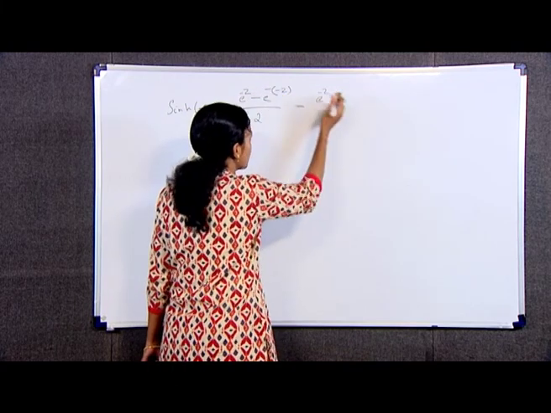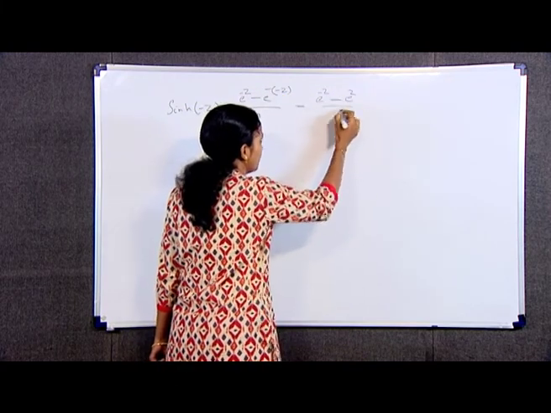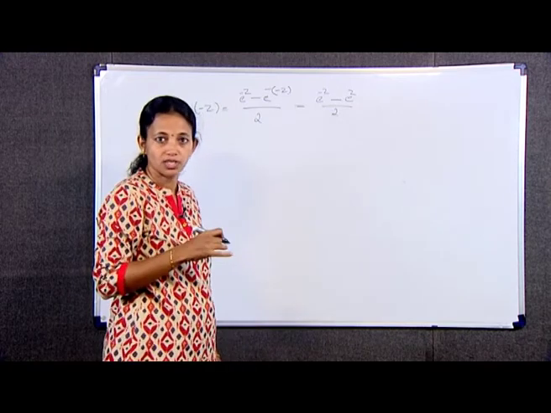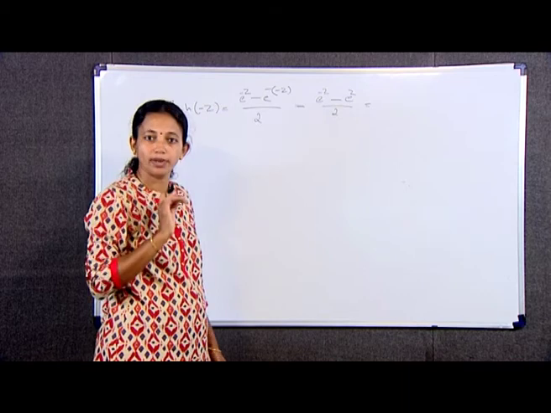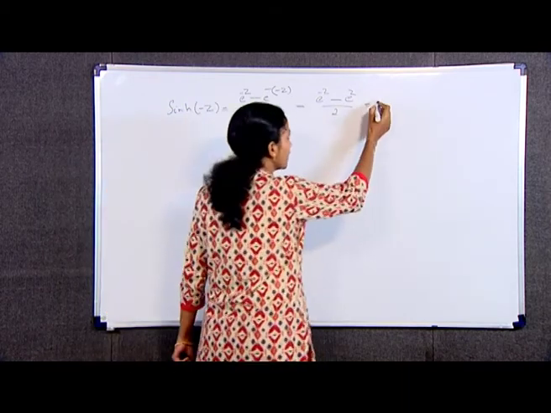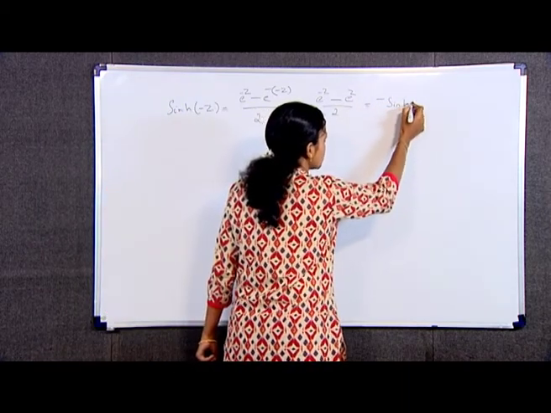Minus and minus become plus. So it is e raised to z minus e raised to minus z by 2, which is equal to minus sinh z.